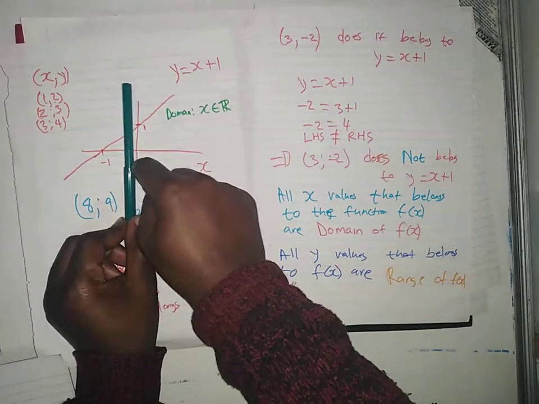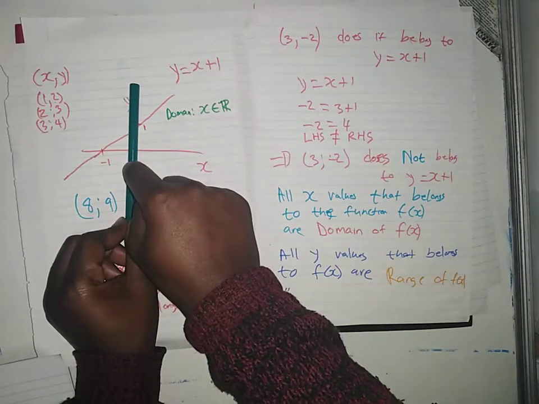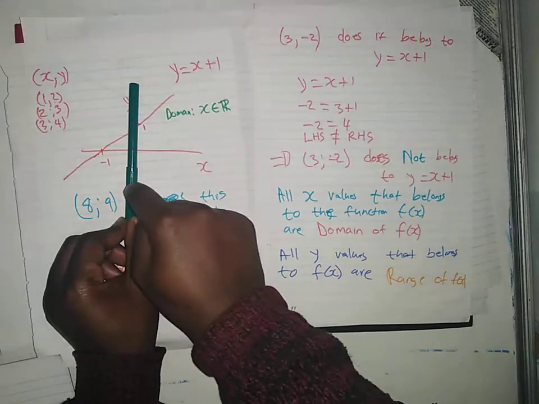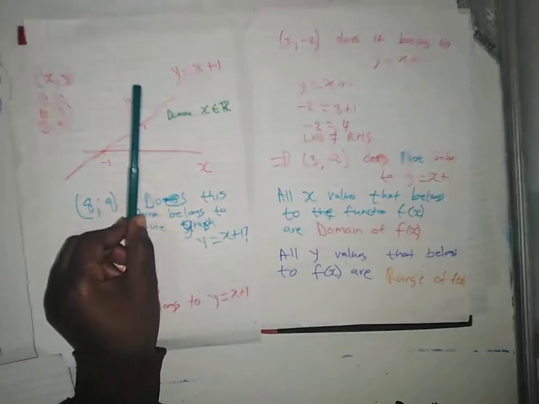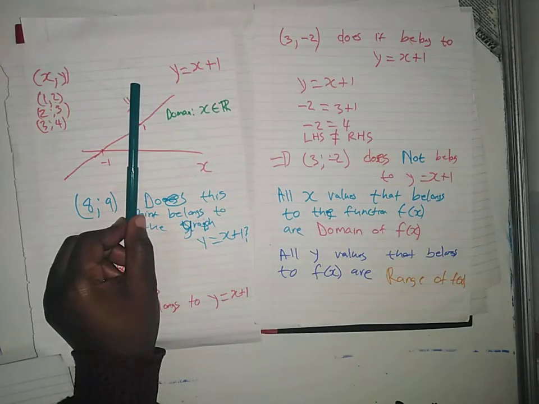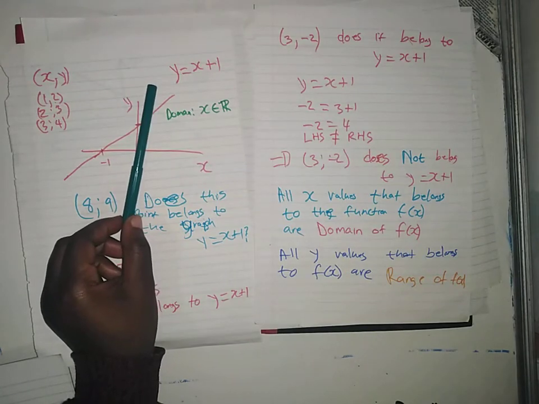Let's look at minus 1 in the y. When you project them, yes, it can touch the graph. Minus 2, remember this goes down all the way, so all the values of y can also be projected to the graph.